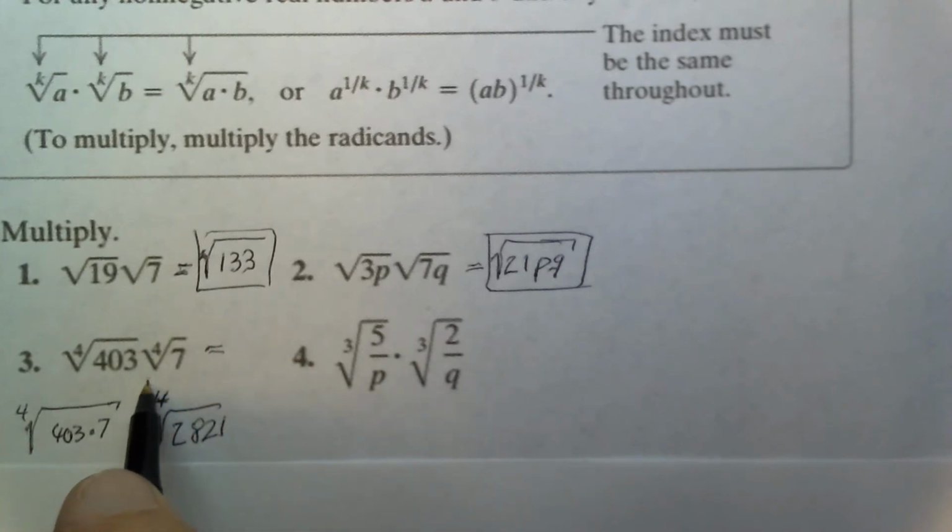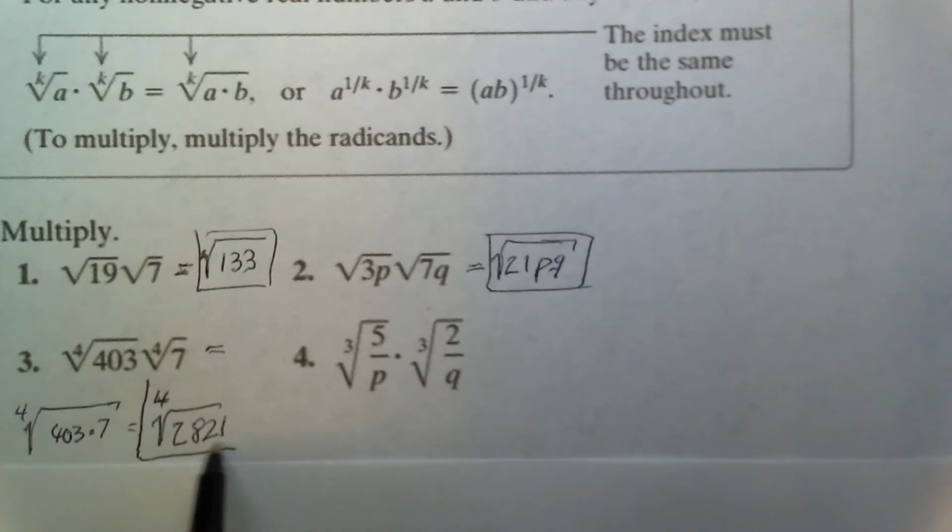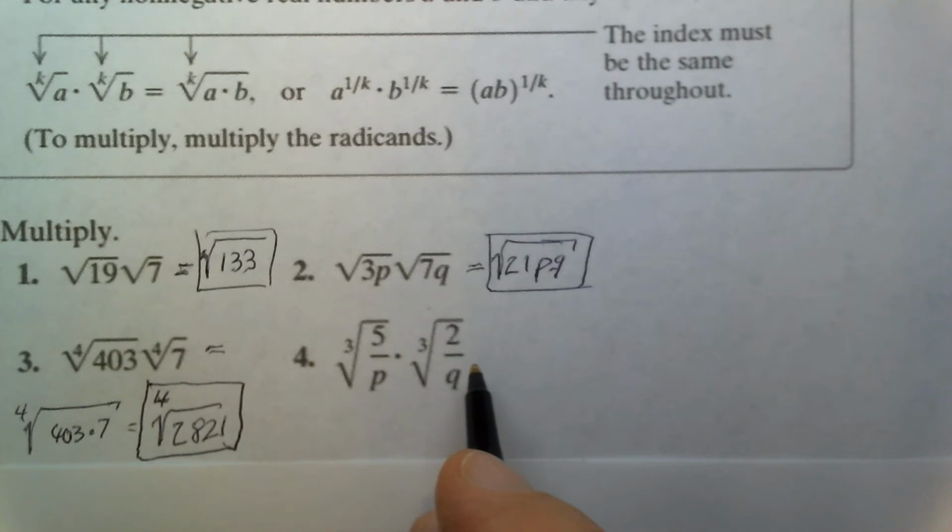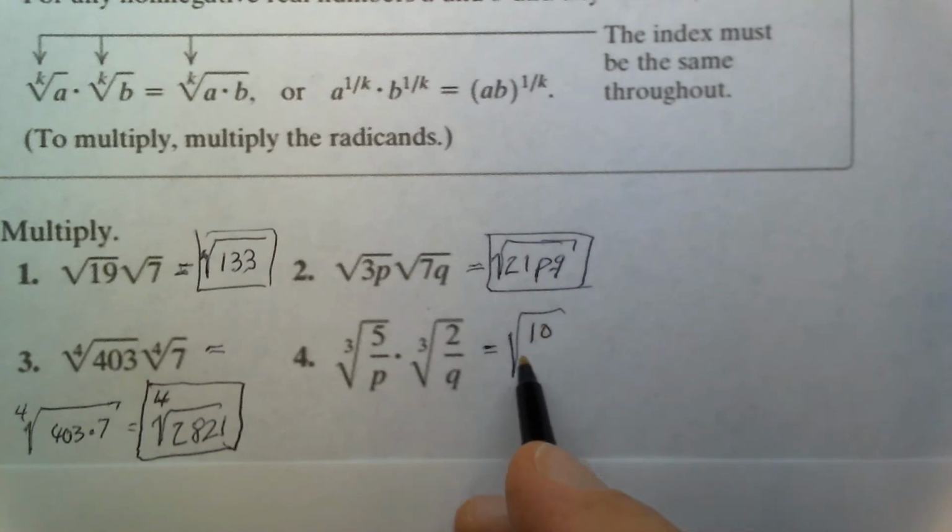So that would be the answer to number 3. I don't think I can squeeze the answer in here, so I'm just going to leave it over here. Similarly, for number 4, the indices are the same. So that's equal to the third root of 5 times 2 is 10, divided by p times q.